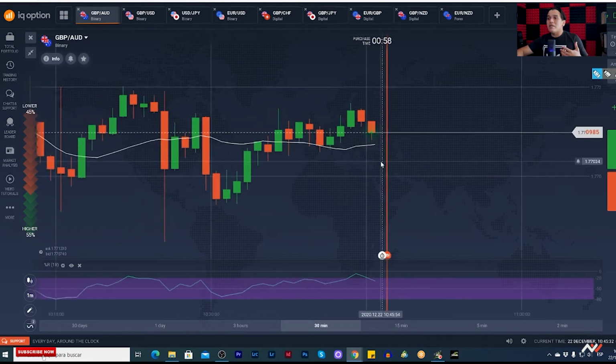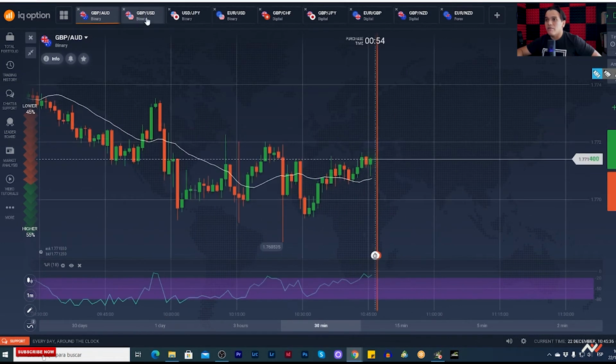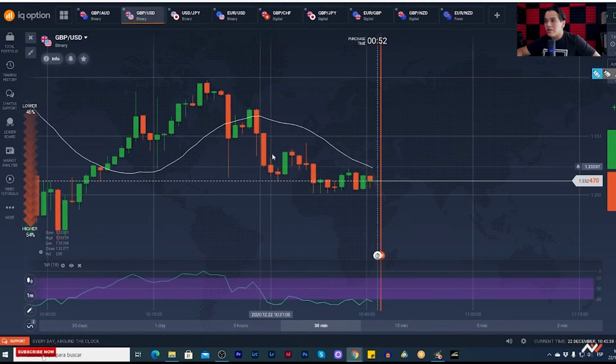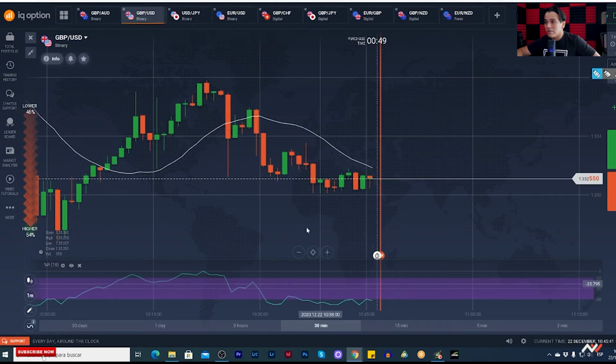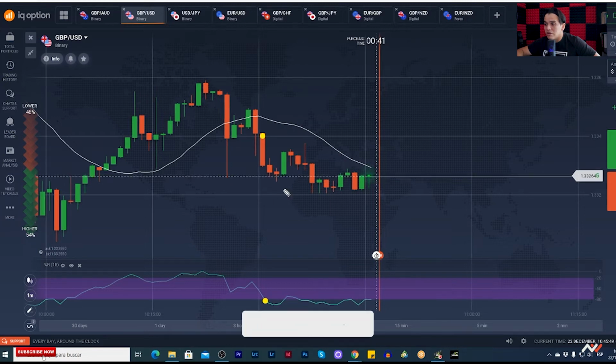But if you're waiting or have a stable market, this one is not recommended for you. This one is a good and stable market because it crosses, you see, it crosses here, just even crosses here on this candle.